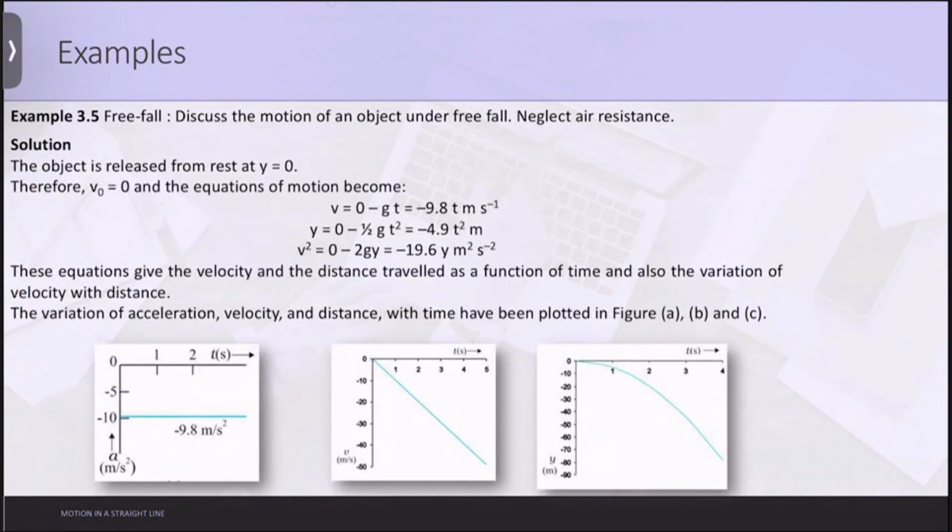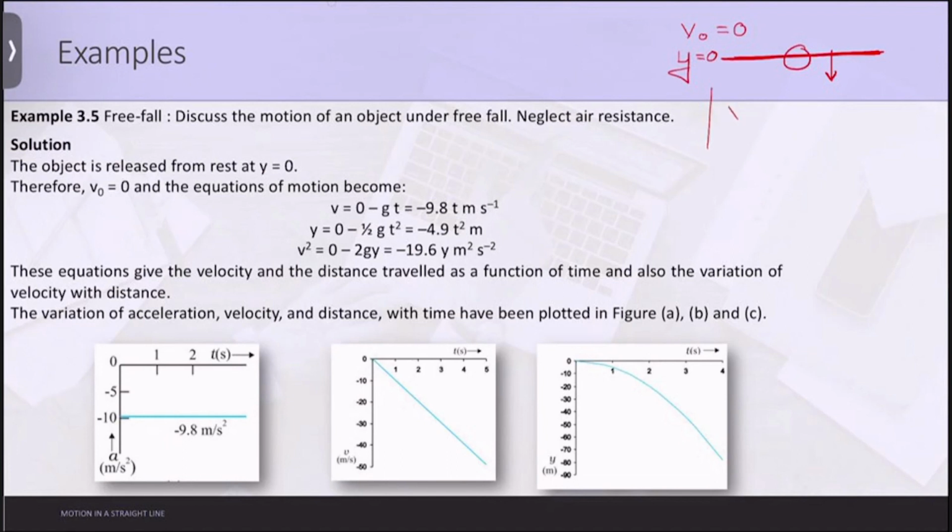So the object is released from rest at y is equal to 0. Let us say we are taking this to be the origin point. Y was 0 here, and this was the object. We released it. Now when we release it, the value of initial velocity will be 0, because there is no velocity being imparted to it.